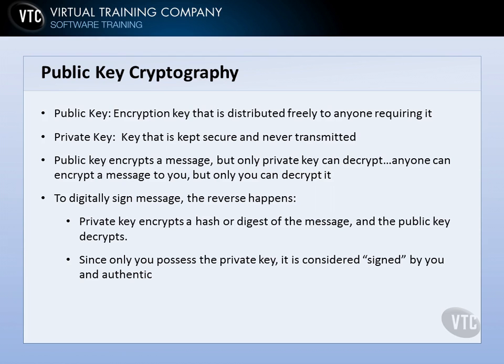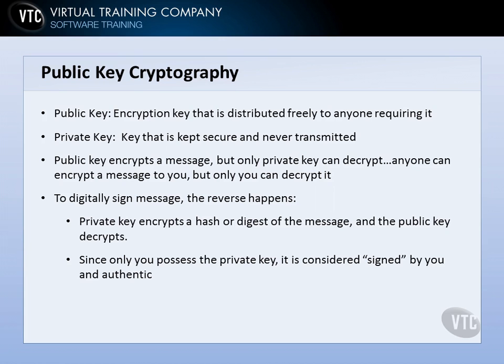Now, when we're talking about digital signatures, which we'll cover a little bit later, the reverse actually happens. You can use the private key to encrypt a hash or a digest of a message or even the message itself, and the public key can decrypt it. So if I encrypt something with my private key and throw it out there on the internet, anyone could decrypt it because they have the public key.